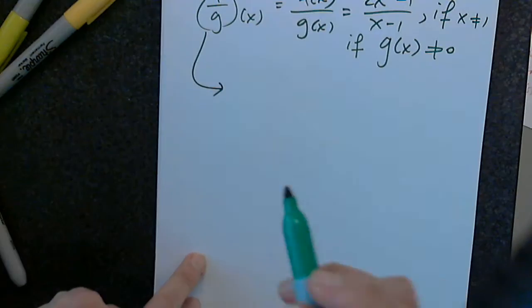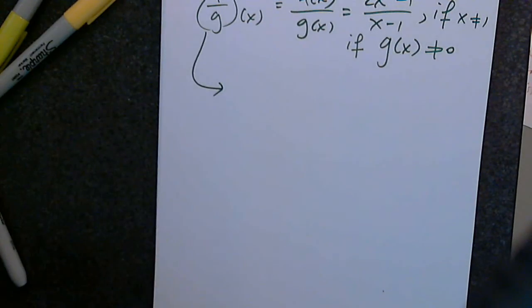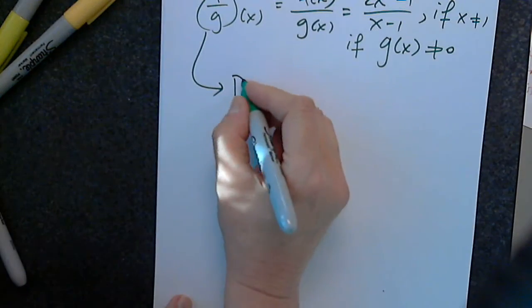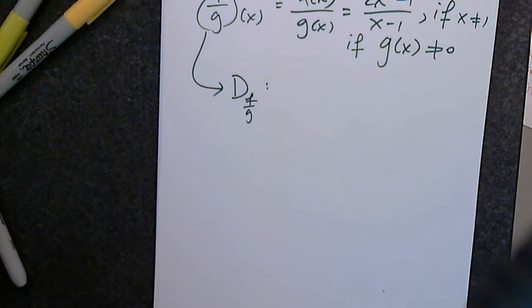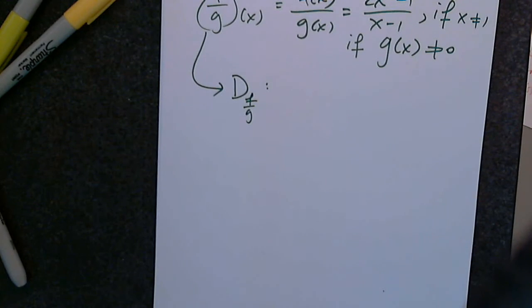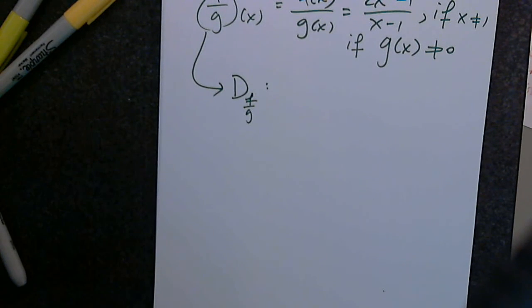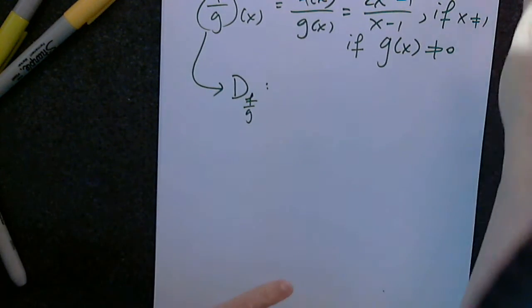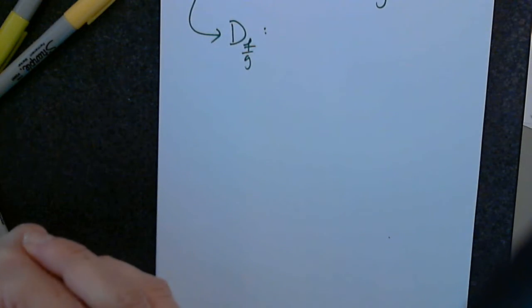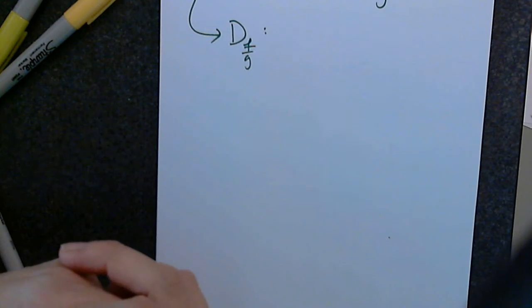And now for this function, since we established the domain of all the other ones, I would like you to give me the domain of f over g. Very important for the next chapter. What will be the domain of this function? We've done this before. Except.